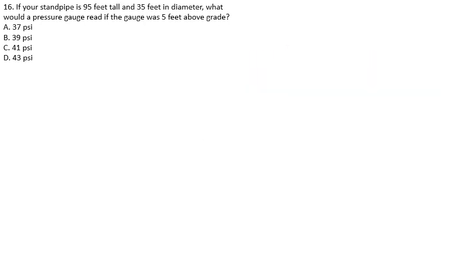Question 16. If your standpipe is 95 feet tall and 35 feet in diameter, what would a pressure gauge read if the gauge was 5 feet above grade? So giving you a lot of information here, solving your problem.